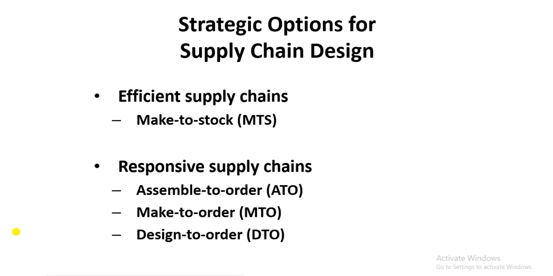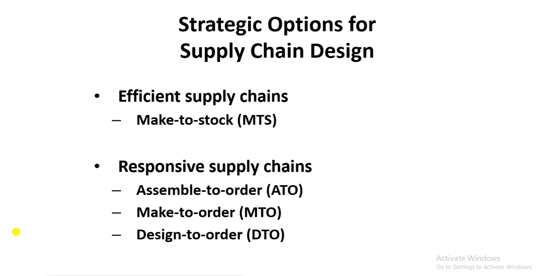Organizations usually keep the main components of the products in inventory and assemble them on the customer's request. The very best example of assemble to order is the Dell company, which sold computers to customers based on their orders, meeting their specific needs.